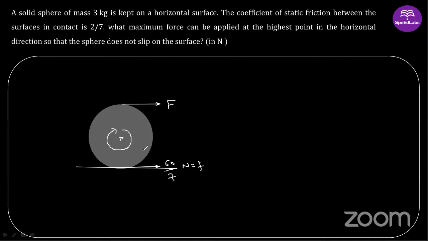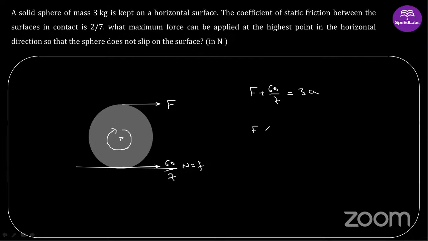Now we just need to apply two equations. One equation is F equals ma, that is F plus 60 by 7, the net force, is equal to m, which is 3 into a. The second equation, torque equals I alpha, let's write about the center.